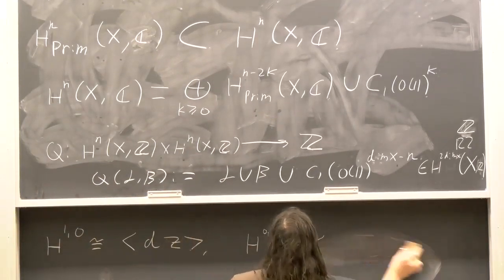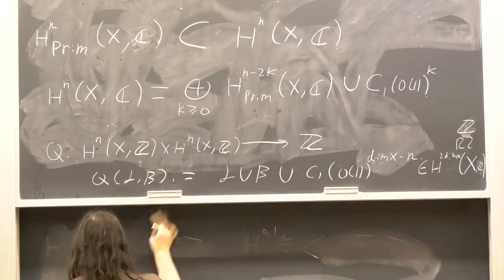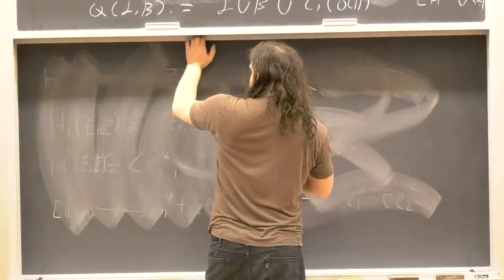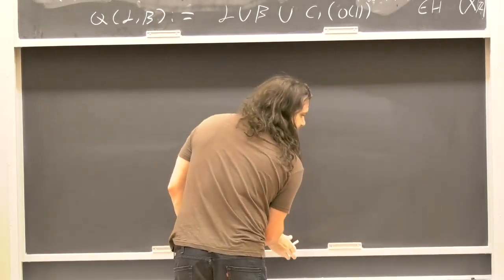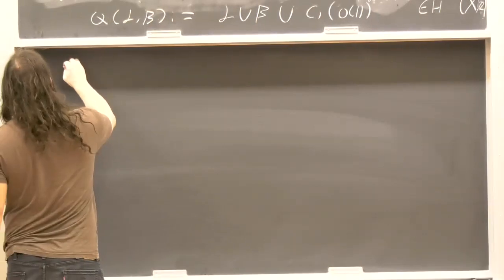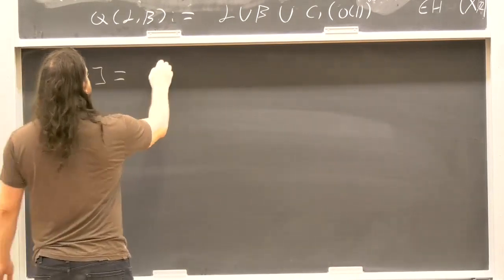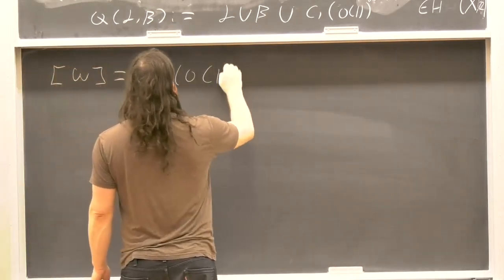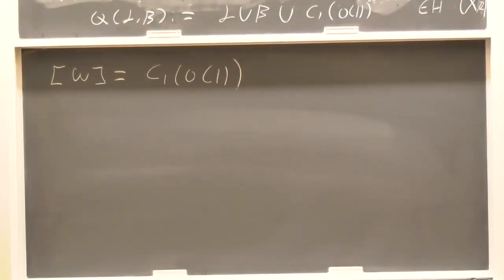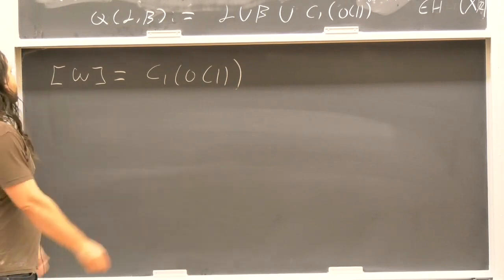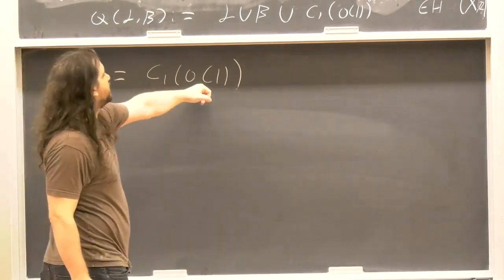This, by the way, has a very nice interpretation in terms of forms. I shouldn't have used this blackboard. Let me switch to start using this one here. So if I let omega be a form whose class, using equality here is a bit of a shorthand for a natural isomorphism, but let omega be sort of a Kähler form, like pulled back from the Fubini-Study form on projective space or something, but some closed form whose cohomology class represents the first Chern class.